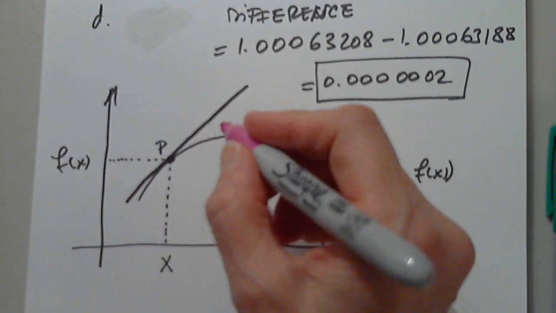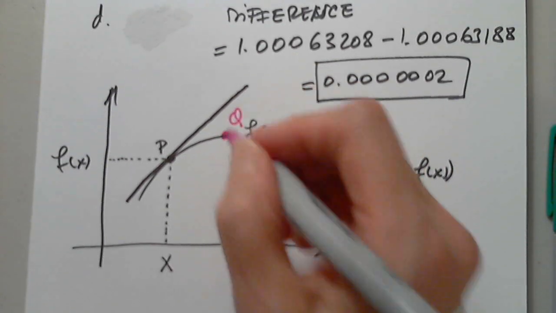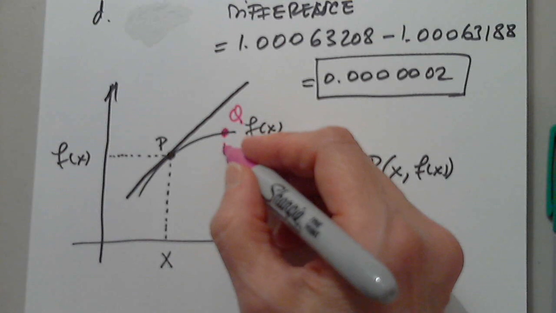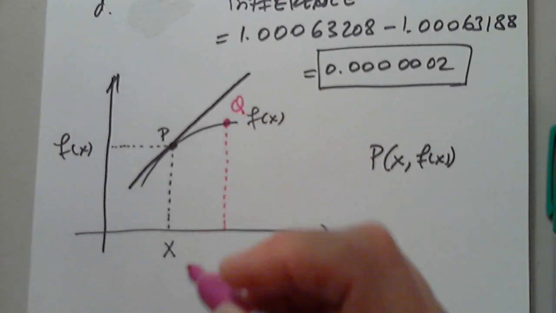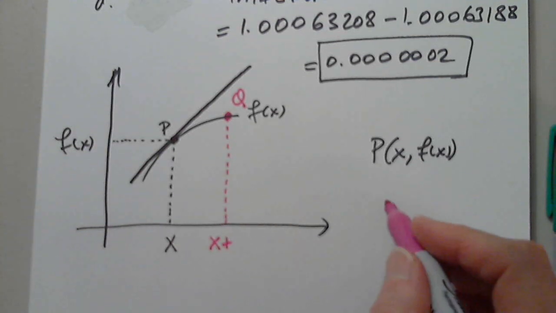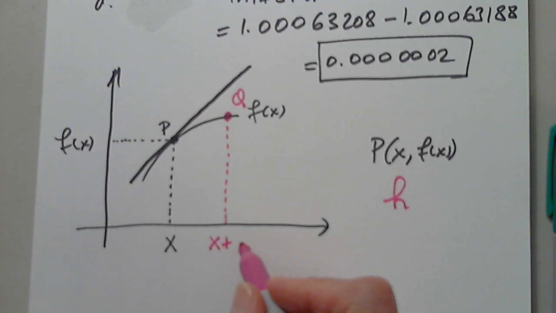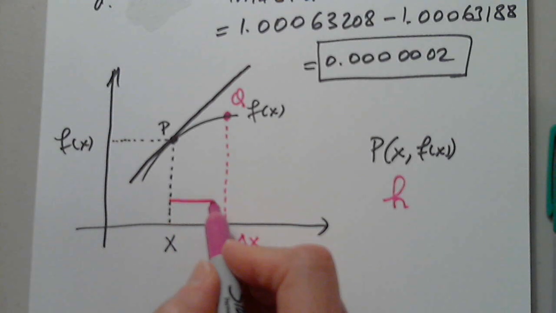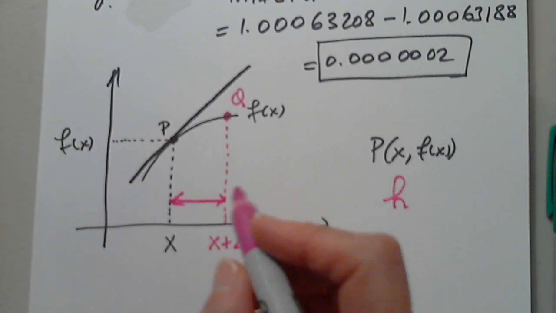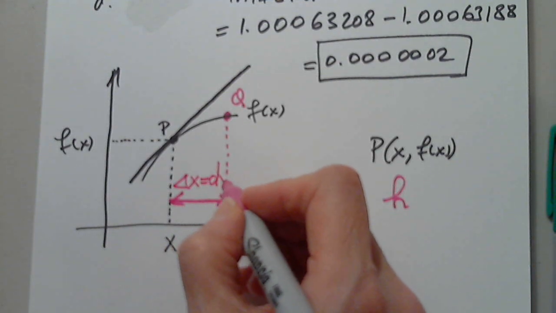So they are very close, please remember that, but we are zooming in, and this is point Q, and the coordinates of point Q will be x plus a little bit. In the past, we called a little bit h for the difference quotient. This time we're going to call it delta x, this distance, very small, delta x, also denoted by dx.